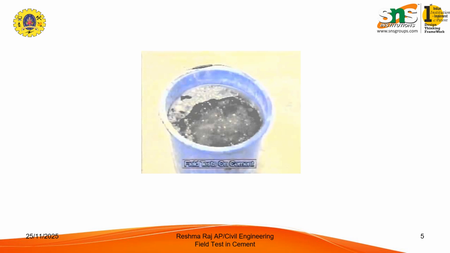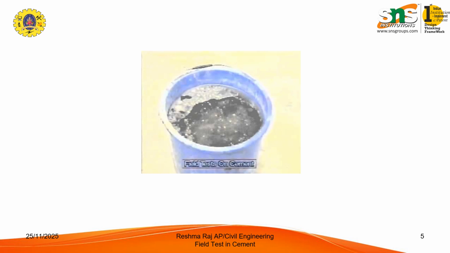Next, when it comes to field testing, another very simple method to know whether cement is good or not is to take a handful of cement from the bag, and have a bucket with water.